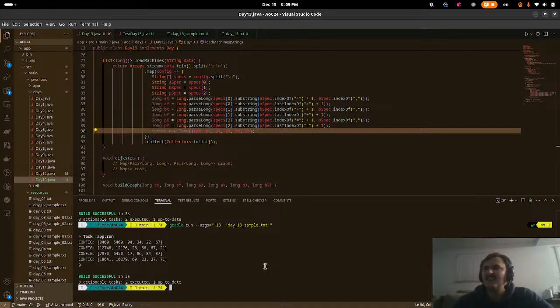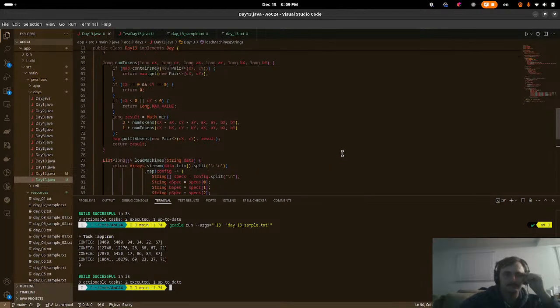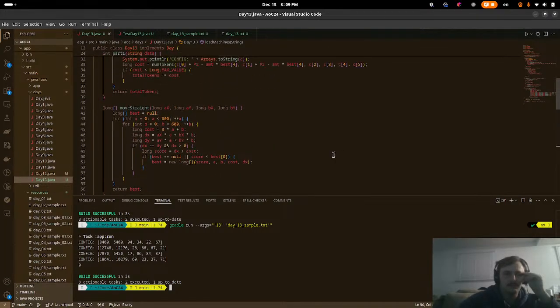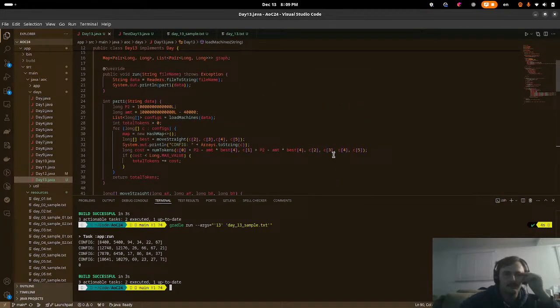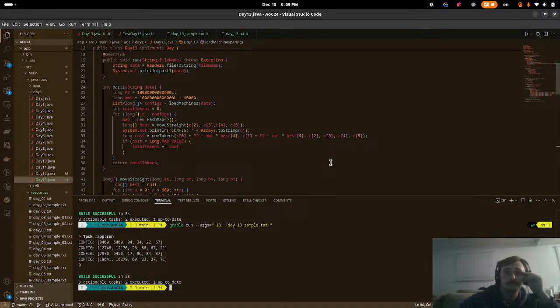One is relatively easy because the numbers are small. I just did a dynamic programming solution. So we're saying, what is the cost of getting X and Y?